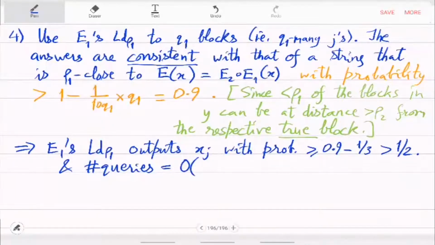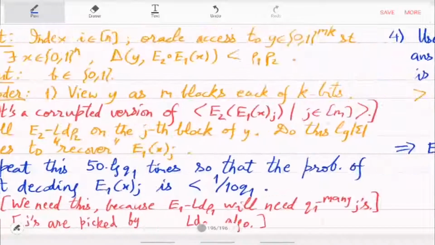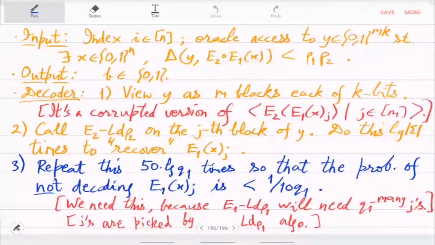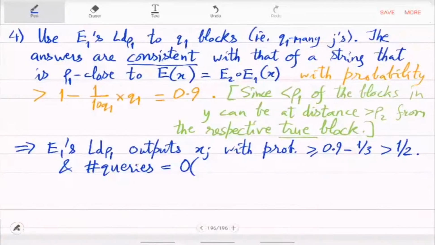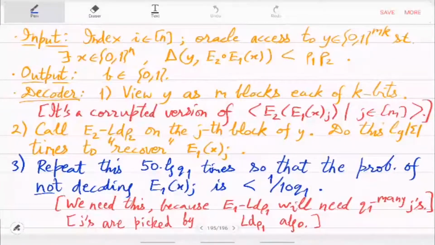And the number of queries is, in the initial steps it required log q1 times log sigma, and there is also a q2, right.